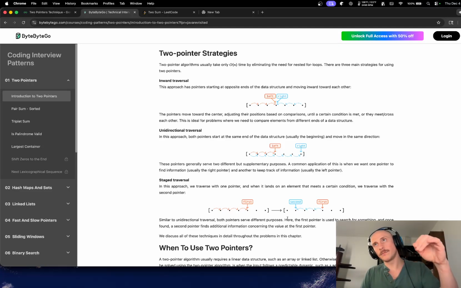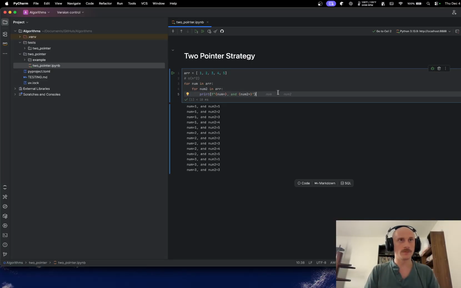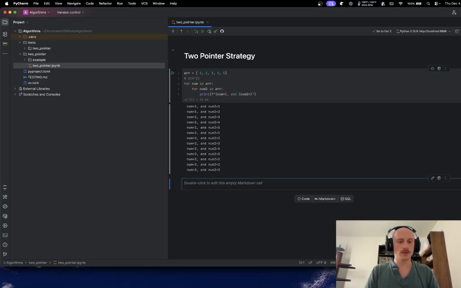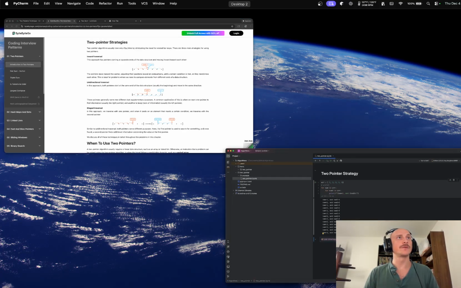So let's build out a simple example of this. We'll go ahead and create this. We'll do sub strategy, and it is called inward traversal.